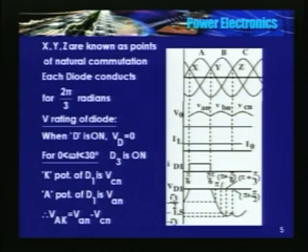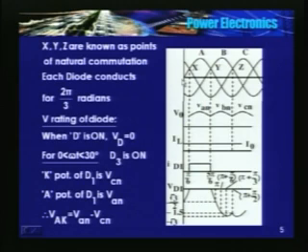Similarly at Y plus, the diode connected to phase B starts conducting, and the diode connected to phase A turns off. Similarly at Z, the diode connected to phase C starts conducting, and that connected to phase B turns off. So you will find that the duration for which each device conducts is 120 degrees.